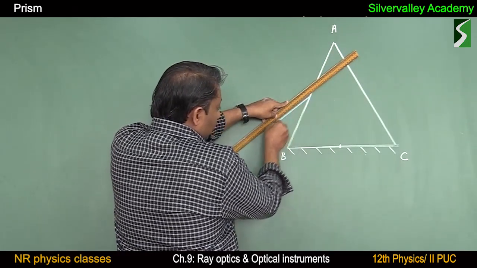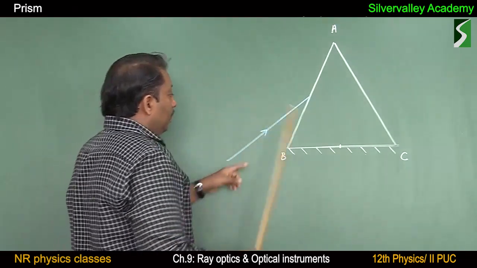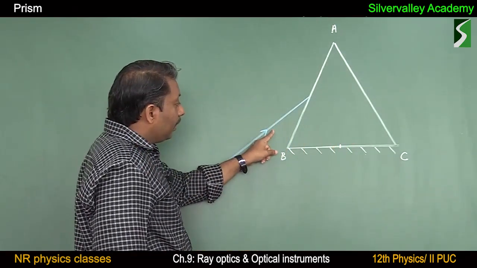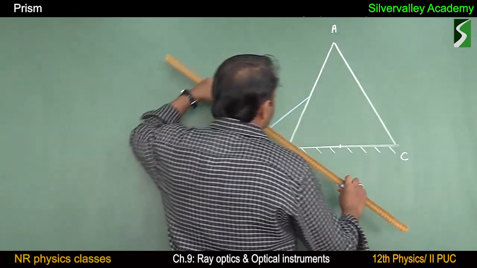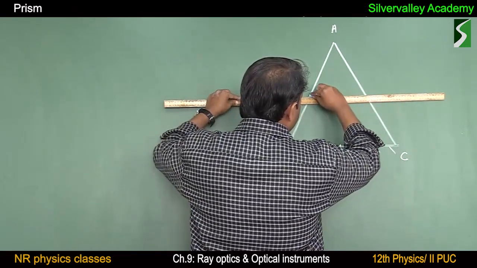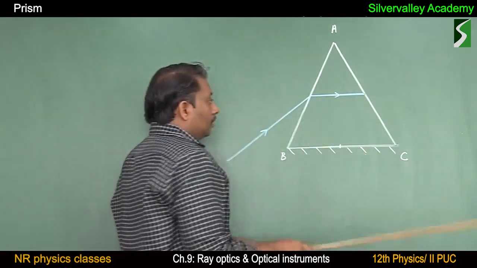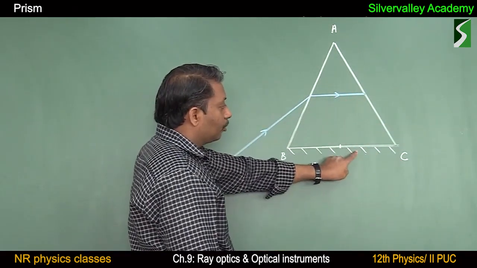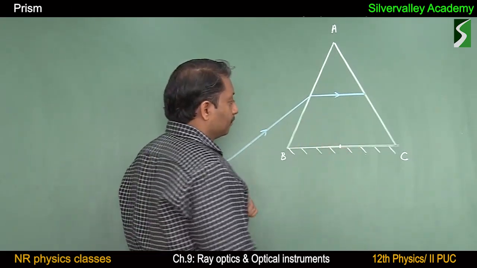Let this be the incident ray. Incident monochromatic light. Then let me draw refracted ray parallel to the base. This parallel to base. You will understand why it should be parallel to base, okay, for time being.